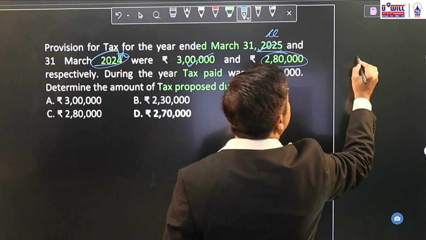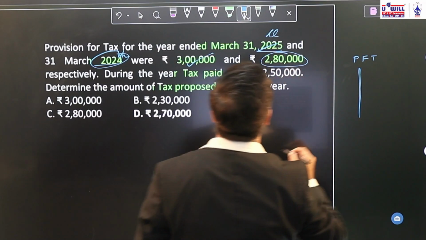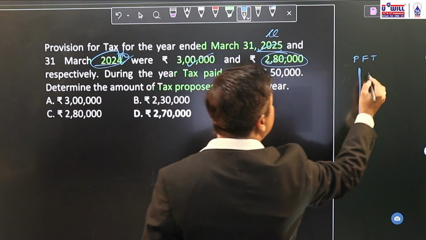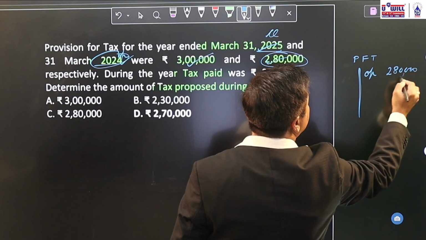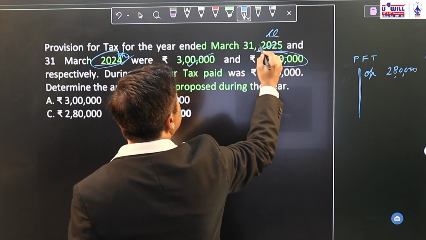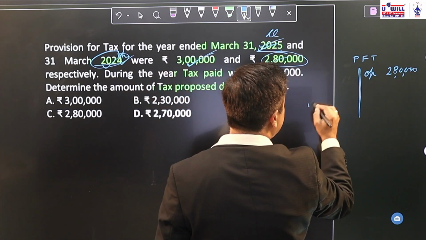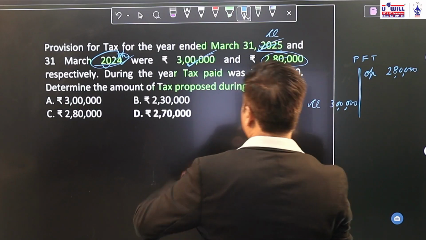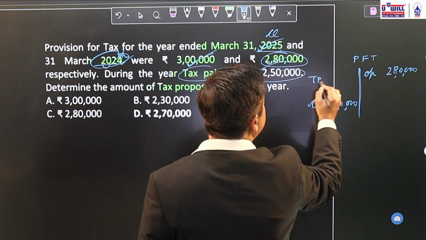Same, we will make the provision for tax account. Let's make it. What is the opening amount? 2 lakh 80 will come on the credit side. What is the closing amount? 3 lakh rupees, that will come on the debit side. Closing amount 3 lakhs. Tax paid 2 lakh 50 will also come on the debit side.